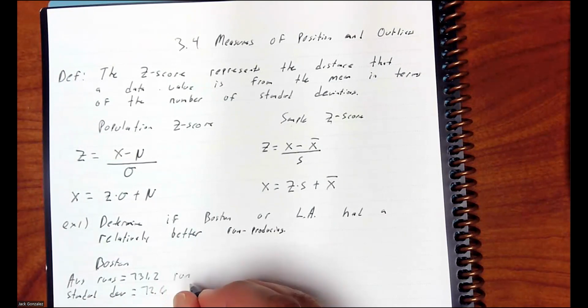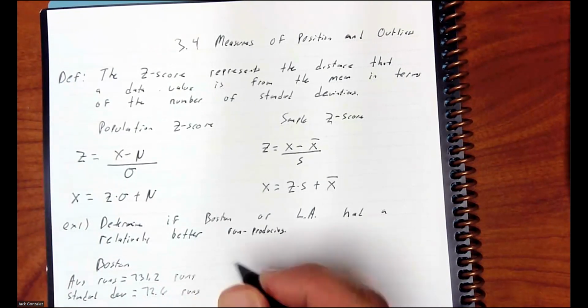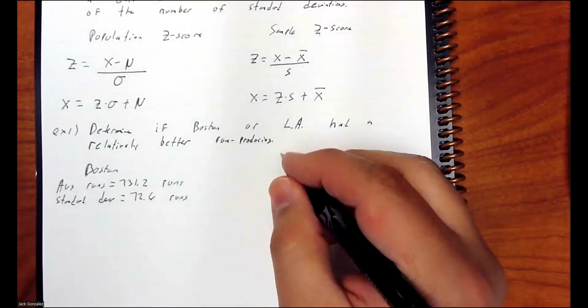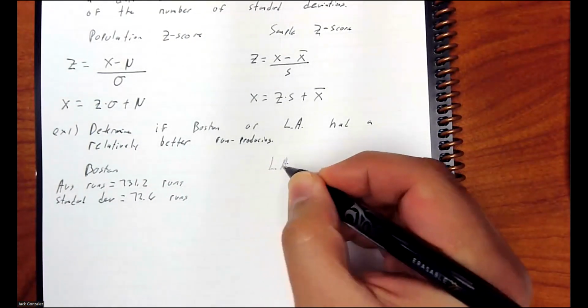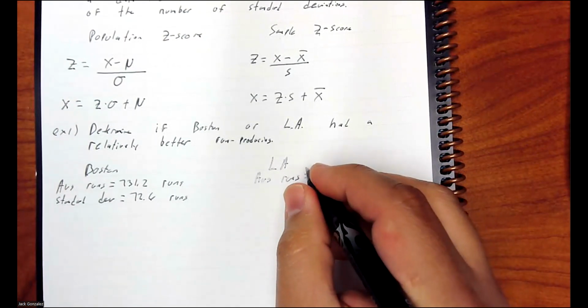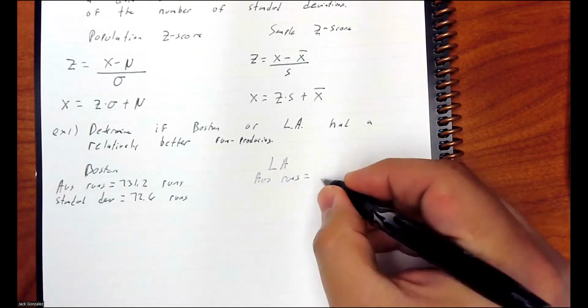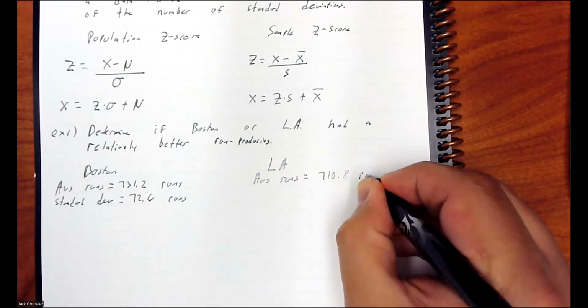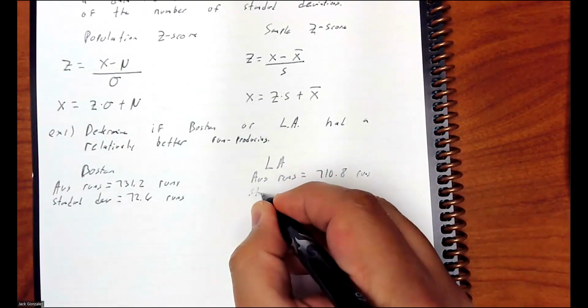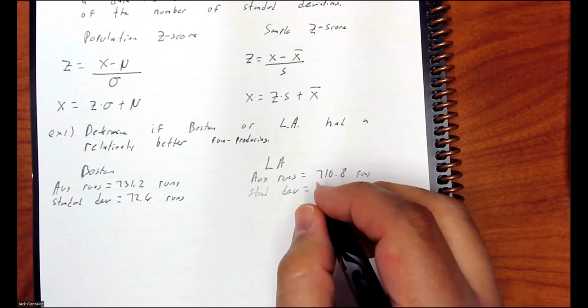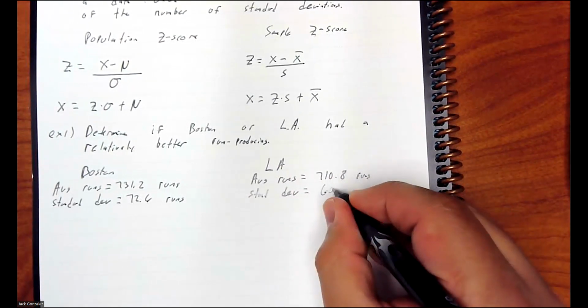These are runs. Home runs. Okay. LA had average runs of 710.8 and a standard deviation of 60.2.